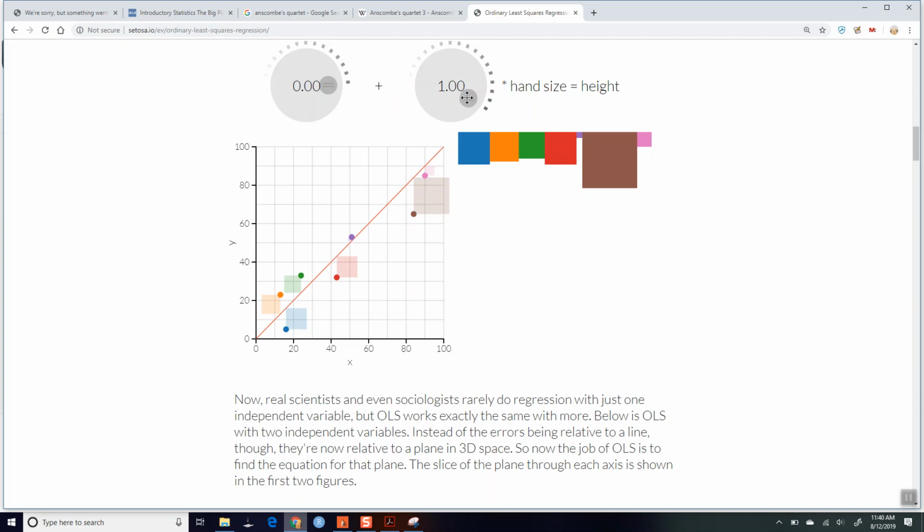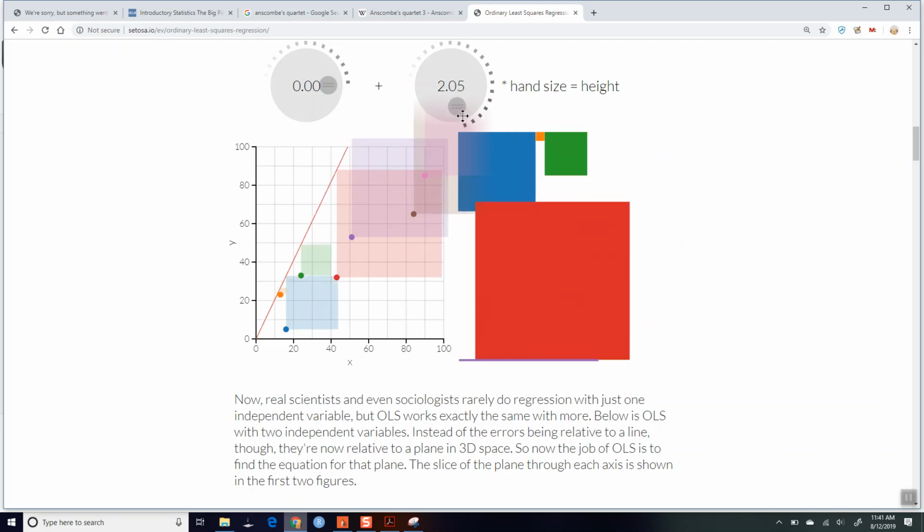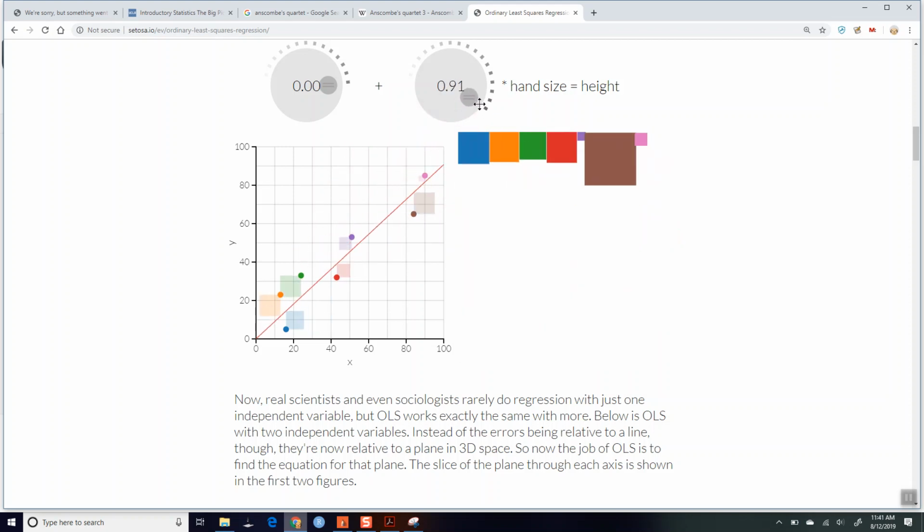And what we're doing is we square that distance and we get a square. If I adjust the slope, the line gets steeper, and the dot remains stationary, but the difference between the line and the dot gets bigger, and the squared difference, what we call the squared residual, gets bigger and smaller. If I adjust it so that the line is very close to it, then our square becomes a lot smaller.